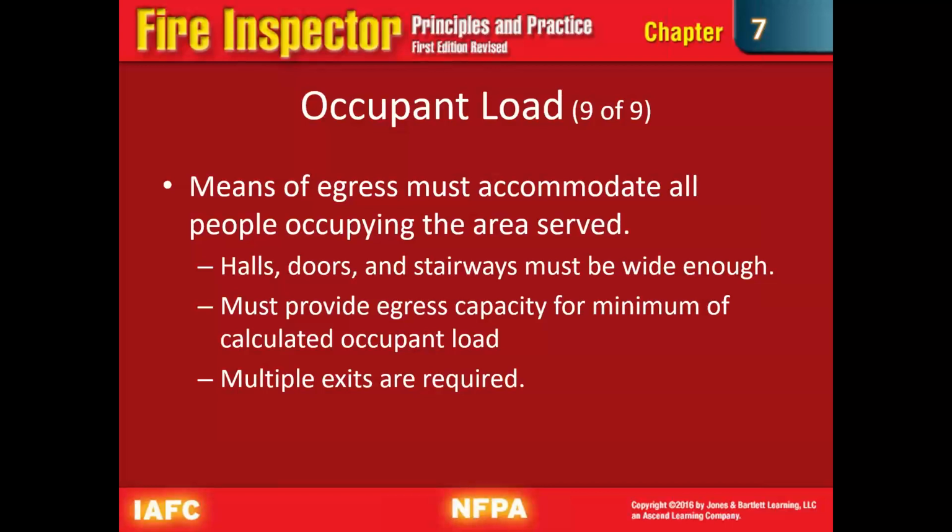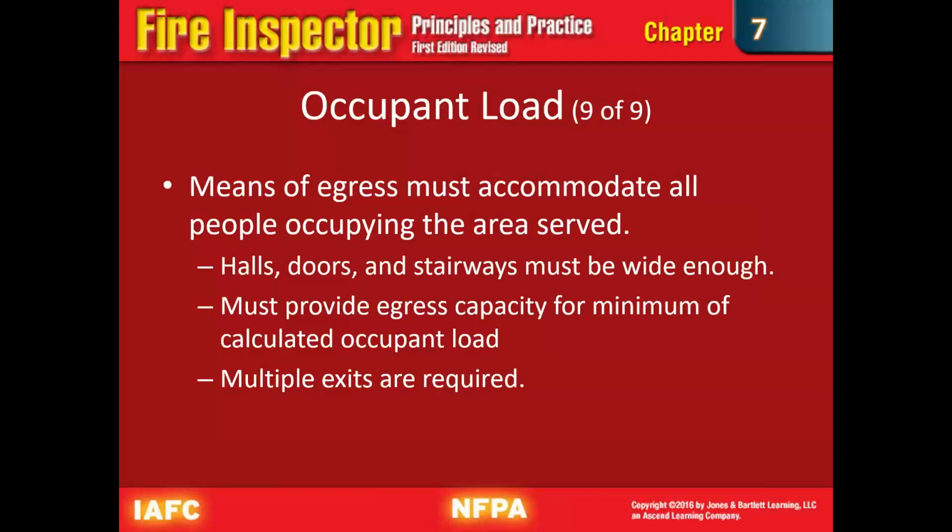Then you go back and check to make sure that the hallways, doors, stairways, and all that are wide enough, and it's all listed in the code, to support that amount of people, that capacity. And it has to provide the egress capacity for a minimum of the calculated occupant load. Now, we know that multiple exits are going to be required in this. Again, think of a mall. This is probably the easiest way to explain a multi-use building.